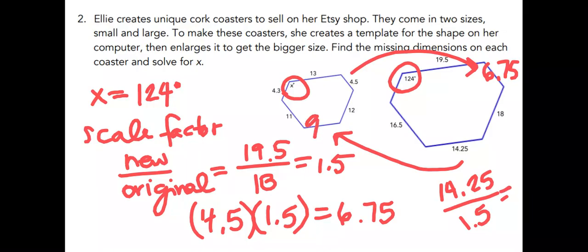So that guy is 9.5. Ta-da! We did it. Everything else is in there. We got all the sides and the angle that they gave us. Oh, I have one more side I need to do here, I guess.